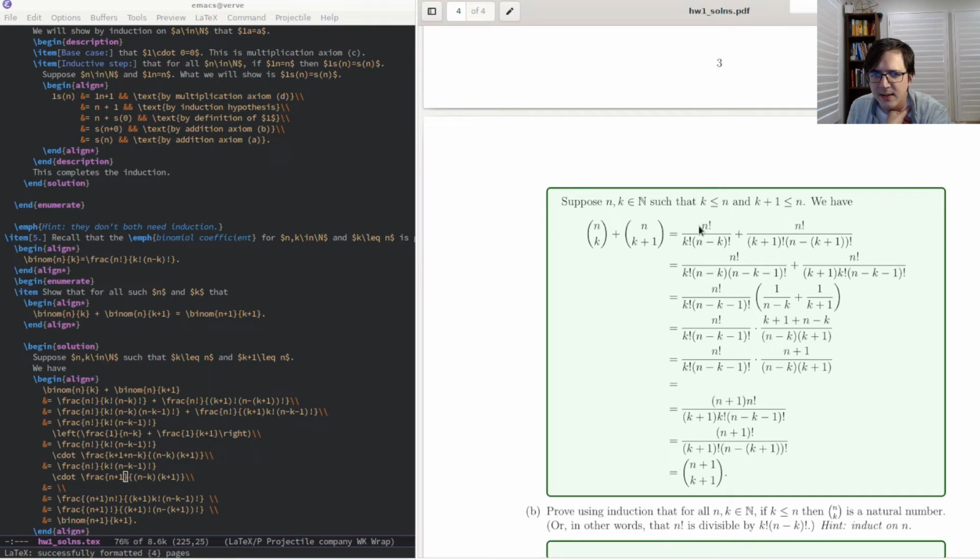And up here, let's see, so that is n choose k, and that is n choose k plus 1. And then we had n factorial, k factorial, n minus k, n minus k minus 1 factorial, k plus 1 times k factorial, n minus k minus 1 factorial.